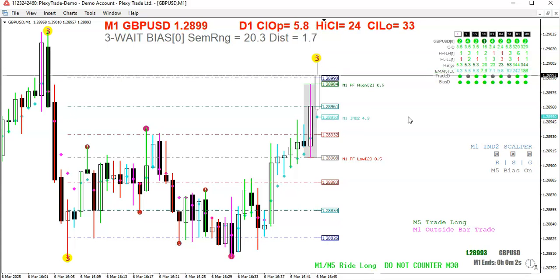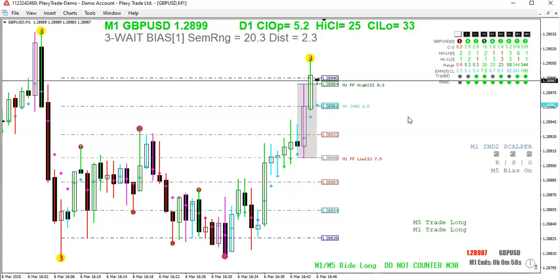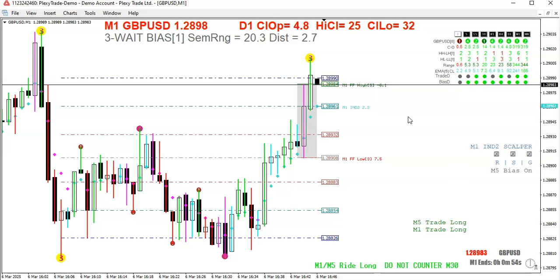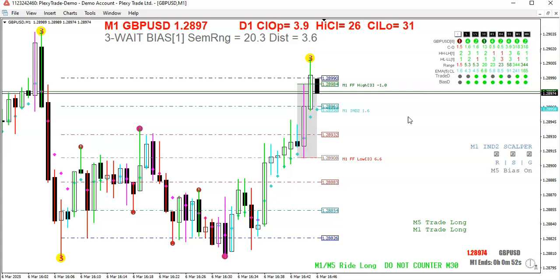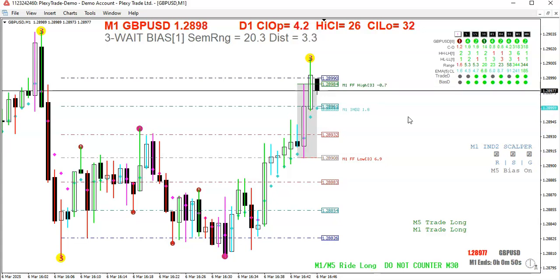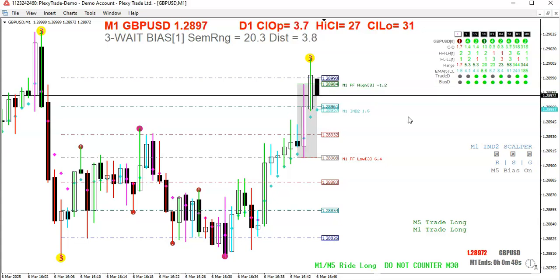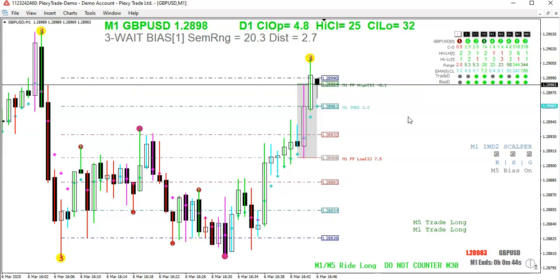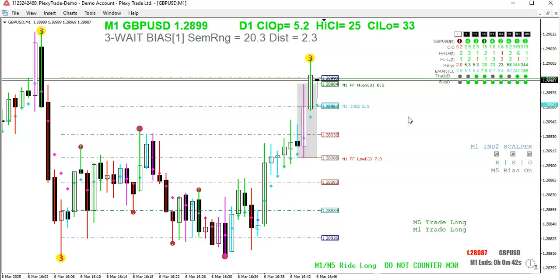What is the EMA5 telling you? It's giving you a very quick observation of what's happening right now in the market. Candlesticks are obviously the most current thing, but the EMA5 condenses that down a little bit for you.